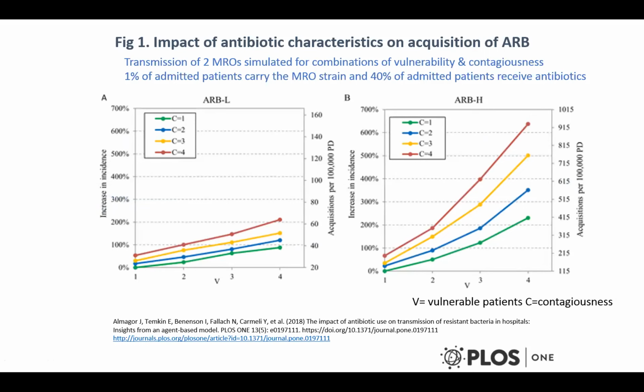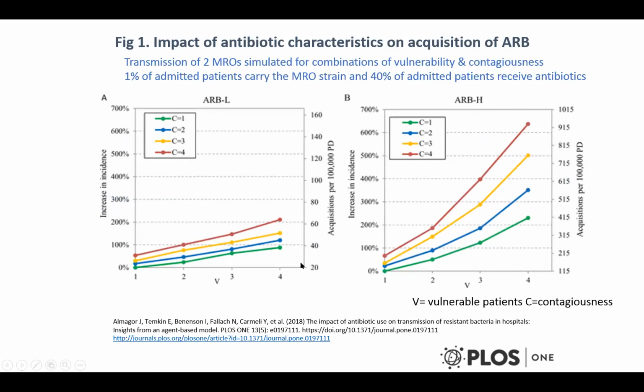And so the acquisition of this strain, this ARB L strain, is about 20 per 100,000 patient days. If that changes, when an antibiotic agent increases the vulnerability or contagiousness, so if you look at the other colours here, particularly the red one, you can see that you've got contagiousness at the highest level and vulnerability at a higher level.